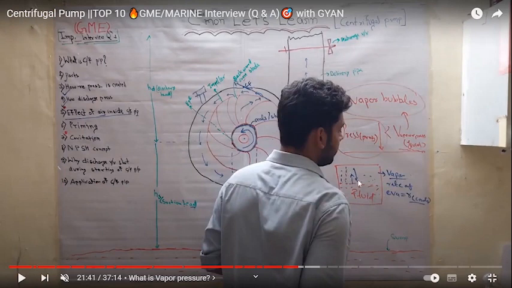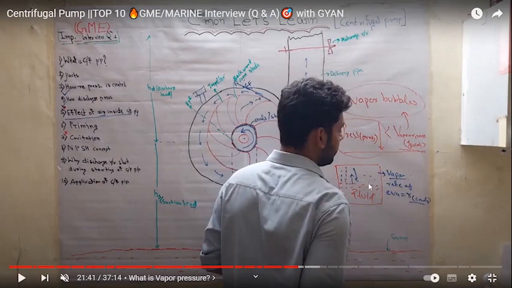When the rate of evaporation and the rate of condensation become the same, an equilibrium is established, and then the pressure exerted by the vapor of the fluid will be known as vapor pressure.